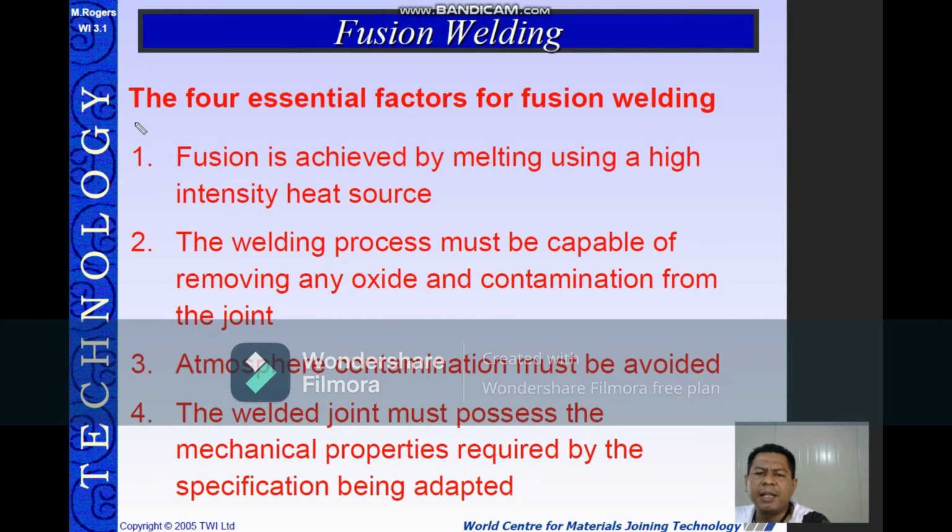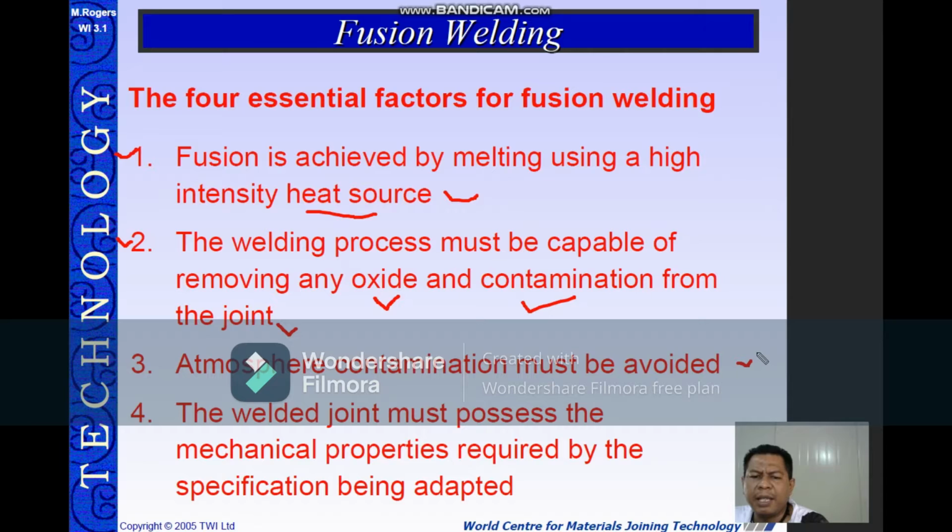For fusion welding, there are 4 essential factors. Number 1, fusion is achieved by melting using a high heat intensity from a heat source. Number 2, the welding process must be capable of removing any oxide and contamination from the joint. Number 3, atmospheric contamination must be avoided.